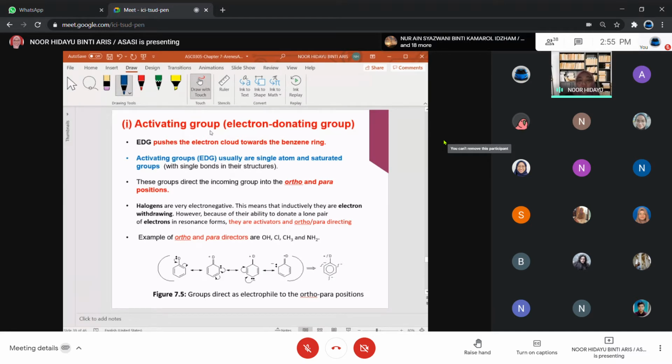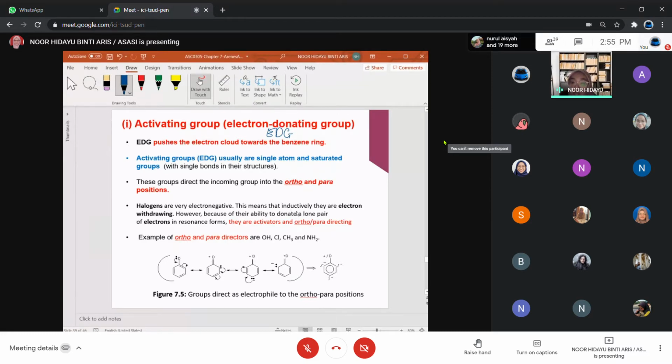Okay, let's see the first. So activating group, which is electron donating group, EDG. Okay, EDG will push the electron cloud because EDG usually is a single atom and saturated group with single bond in their structure. So this group directs the incoming group into the ortho and para positions. So halogens are very negative.